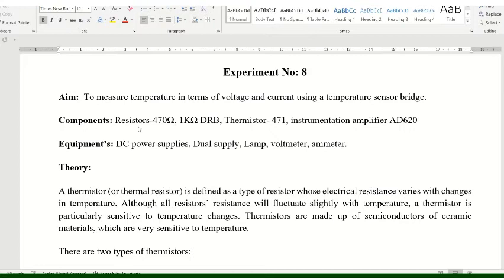For that, the components that we are using in this experiment are the resistors for the bridge, which are 470 ohms and 1 kilo ohm. A 1 kilo ohm DRB is also used, and the thermistor we are using is NTC type with resistance 471. We are also using an instrumentation amplifier, which is the IC AD620.